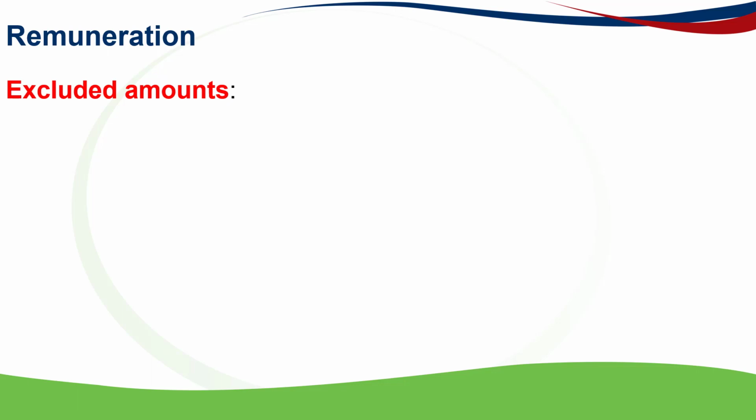Remember we said there are 4 amounts that are specifically excluded from the definition of remuneration, meaning any of these amounts will not be included in remuneration. The first amount that is specifically excluded is any amount that is paid to an independent contractor in respect of services rendered.